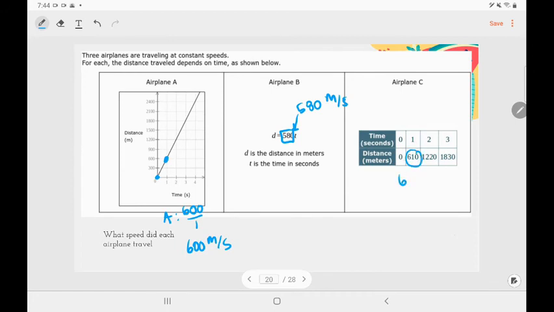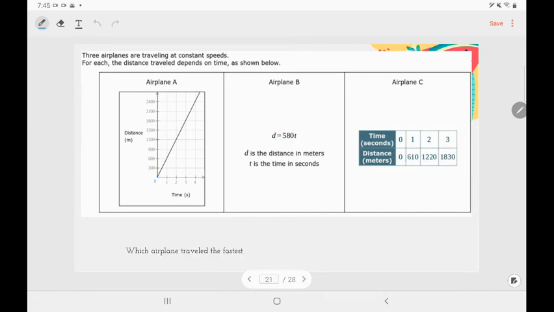So he traveled 610 meters in 1 second. What is that simplified? 610 meters per second. So that's all of their speeds. And the next question is going to ask which airplane travels the fastest. Well, which of these is the biggest number? 610. That means airplane C travels the fastest.